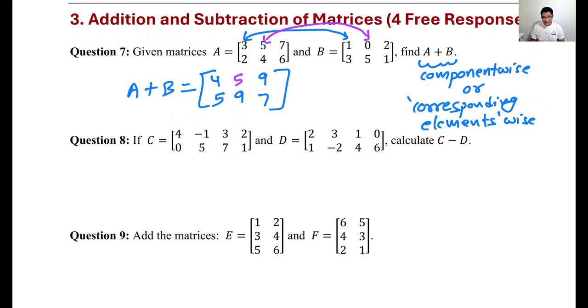Similarly, subtraction works the same way. You look at corresponding elements and you do the subtraction.